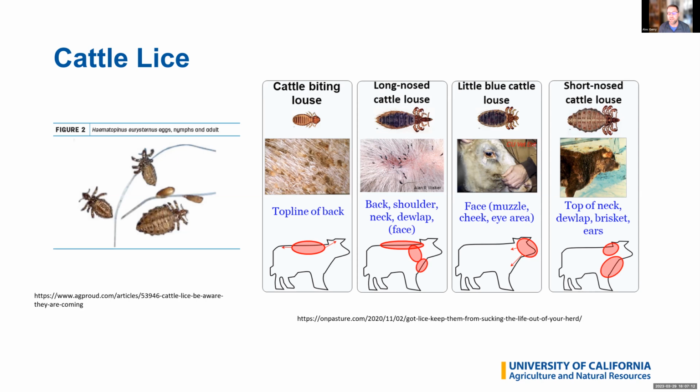Each of the lice species seems to have preferences for the parts of the animal body where they are most commonly found. If you look at the cattle biting louse in the middle there, typically they're associated with the back of the animal, the top line, whereas other species might be more associated with the neck, the face, or the dewlap area.